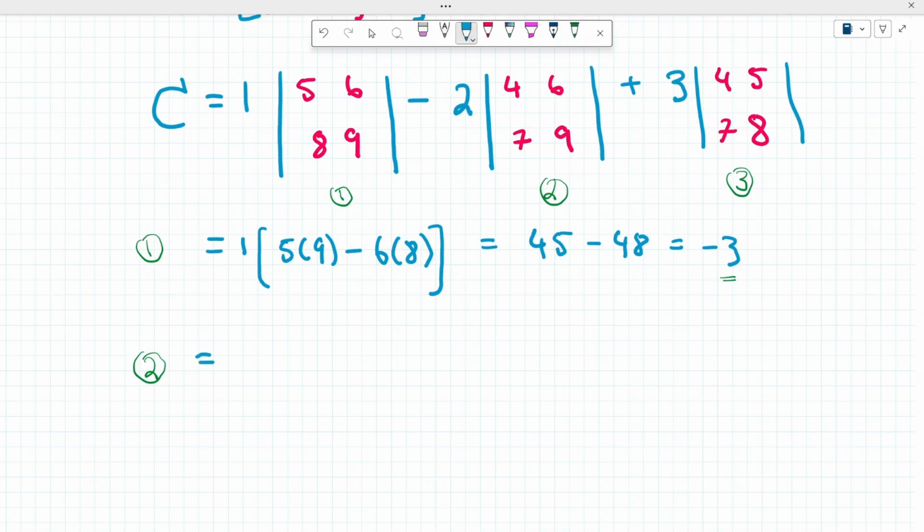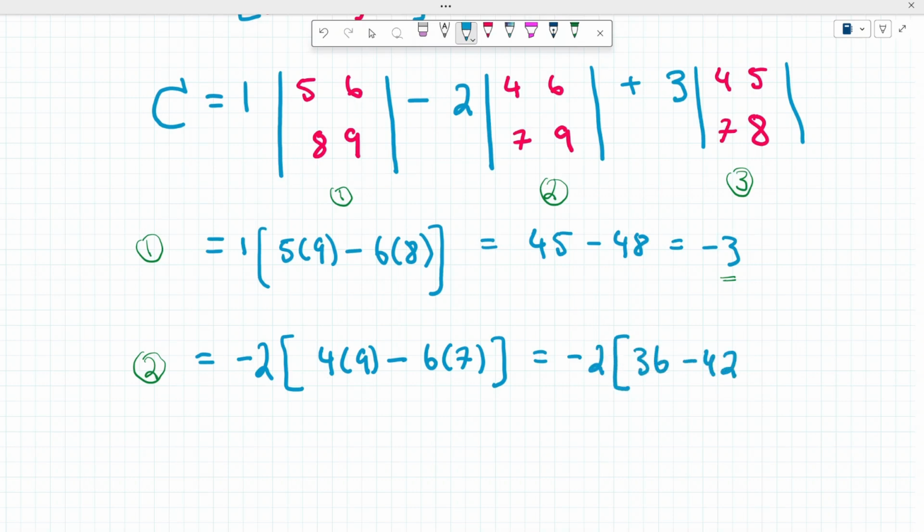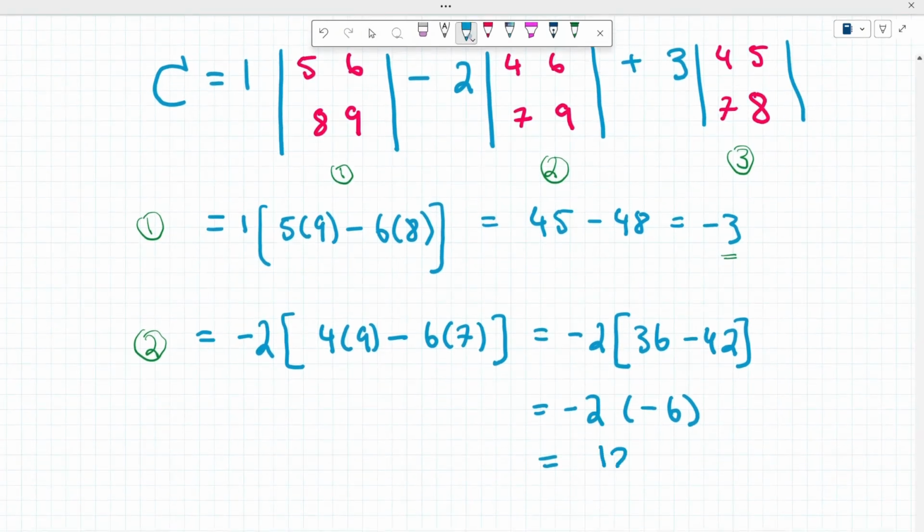This equals negative 2 times 4 times 9 minus 6 times 7. This equals negative 2 times 36 minus 42, which equals negative 2 times negative 6, which equals positive 12.